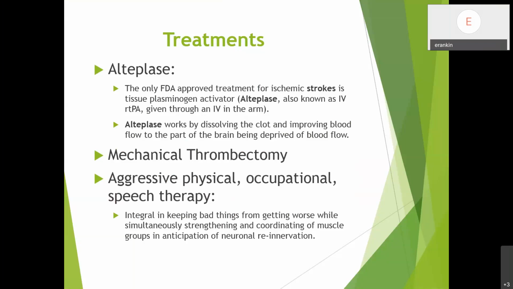It's a treatment of choice, as long as it's initiated within 4.5 hours of clearly defined symptom onset. The other is mechanical thrombectomy, which is done by an interventional radiologist. Basically, they go in and they remove the clot. However, it's indicated in persons with proximal large artery occlusions in the anterior circulation.